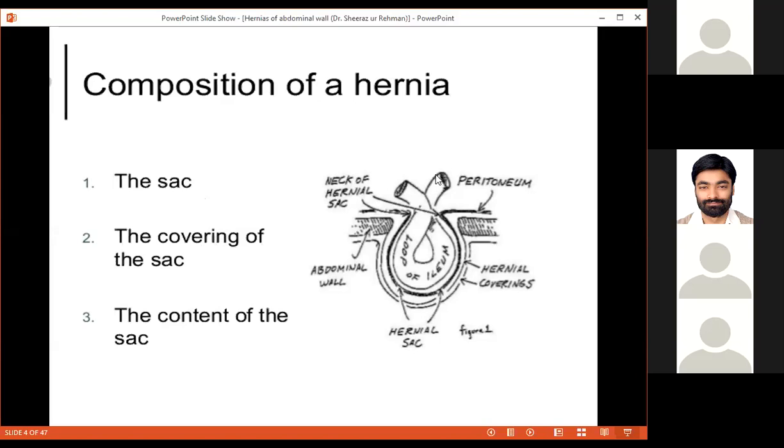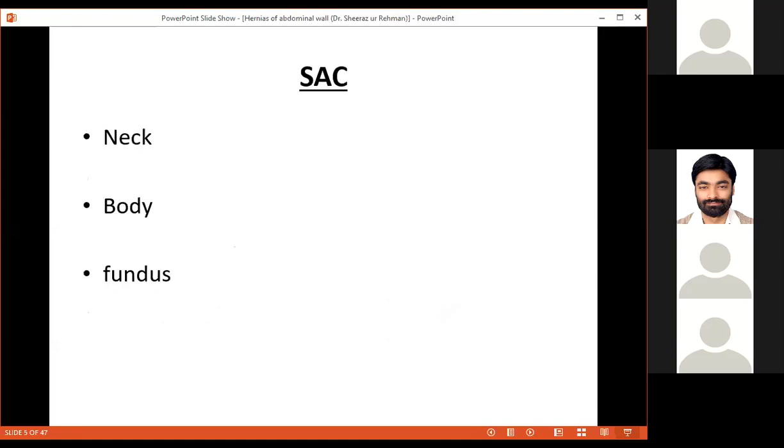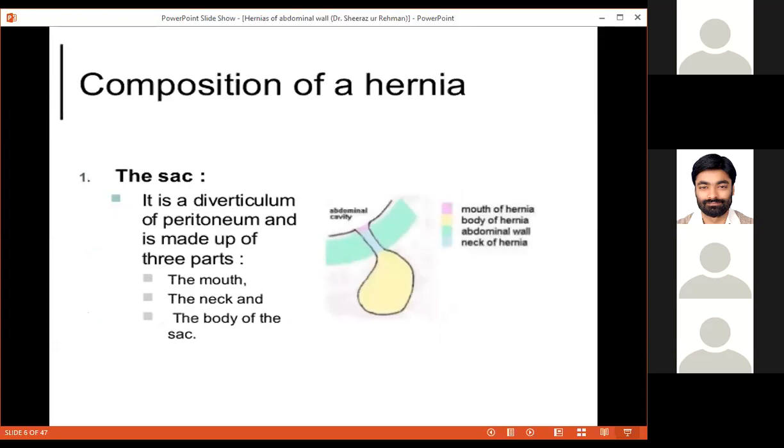The point of strangulation and where the complication arises is the neck portion of the sac. That's where the problem started. We were discussing how it translates clinically. So the sac has a neck, body and the fundus. And when we talk about the sac of the hernia, it's basically a diverticulum of the peritoneum.